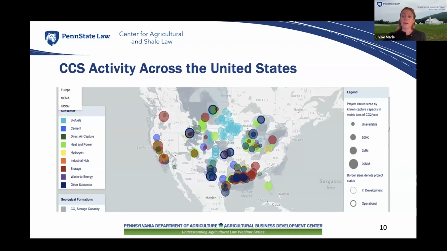And while things like enhanced oil recovery and federal tax credits offer some financial help, they are often not enough to cover all the costs. And because of this, carbon capture and storage adoption is still limited, especially in industries with high emissions.